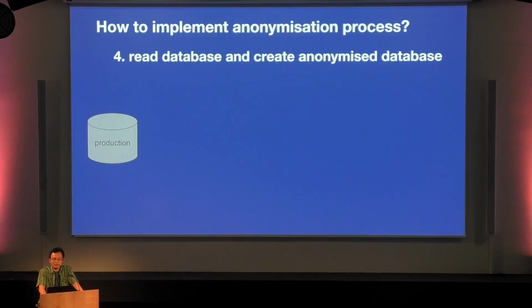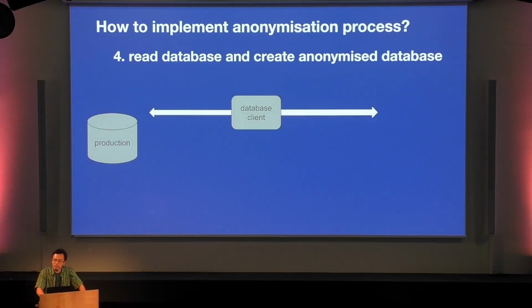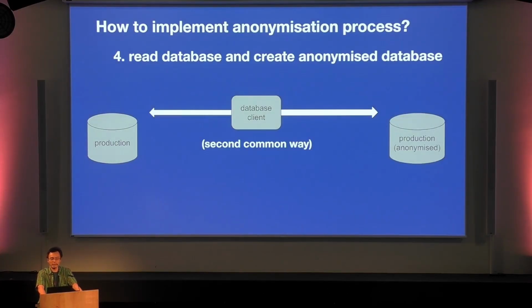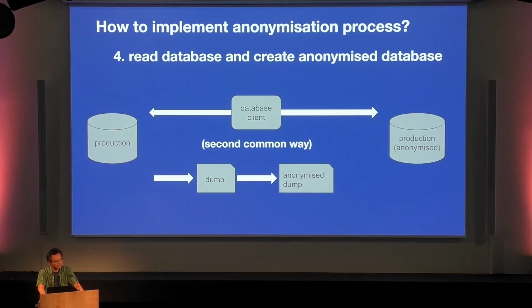Another strategy is similar to the first one, but reads the database from a database client and then generates the anonymized database. This is possible, and it is the second most common way when I see similar products. A little bit different, but also you don't need the client: just make a dump, anonymize it, and generate. Also possible.